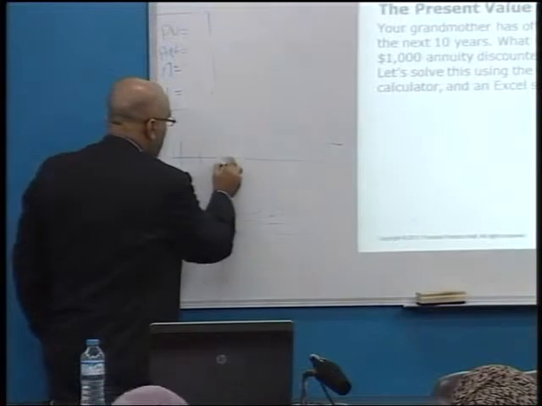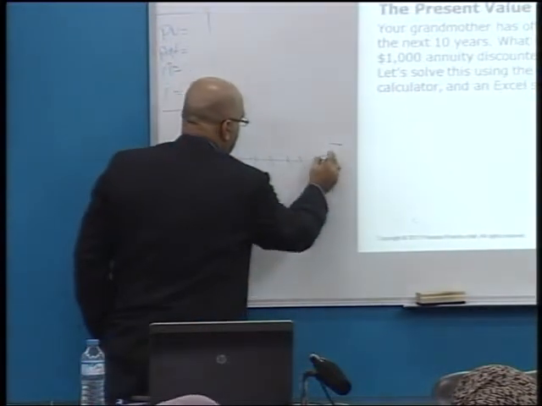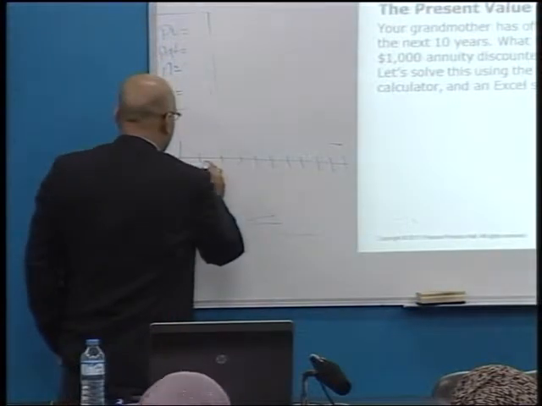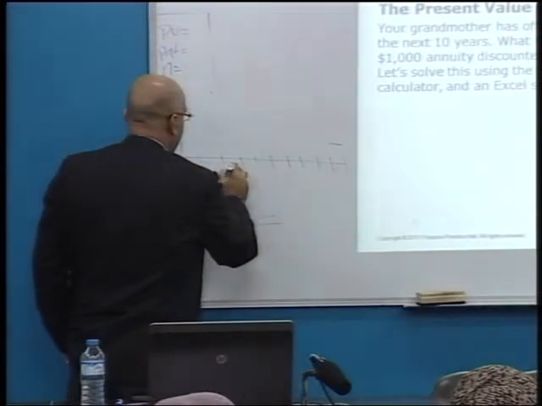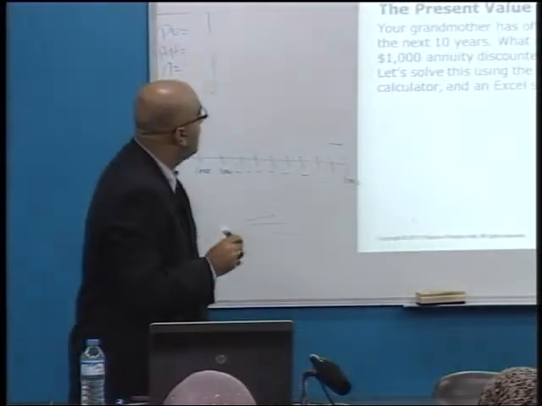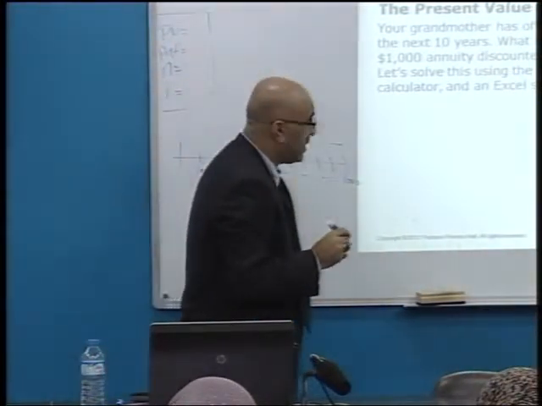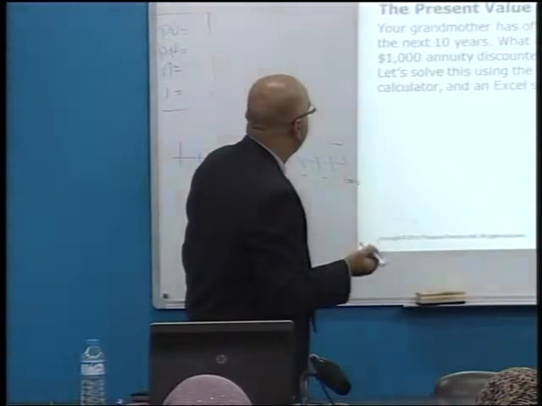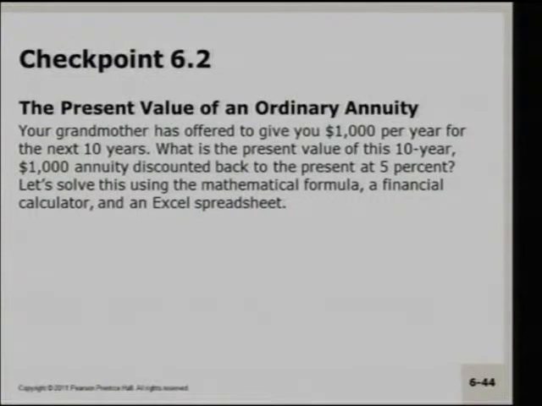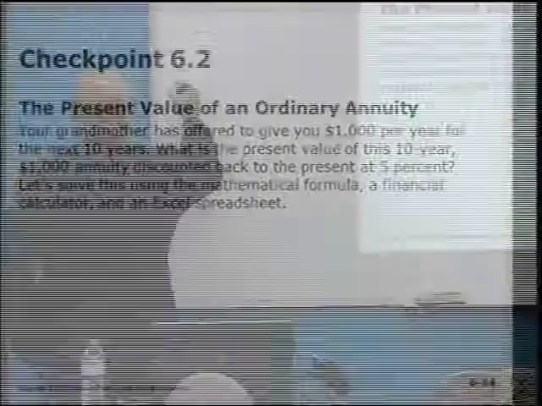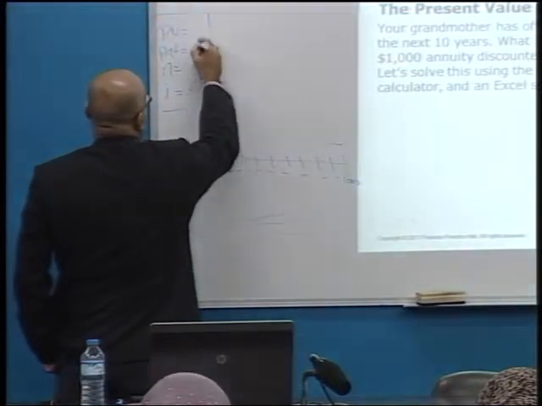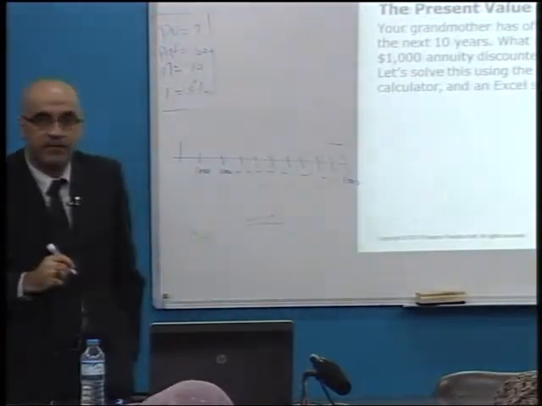So we have 1, 2, 3, 4, 5, 6, 7, 8, 9, and 10. So we have $1,000 for each year till 10 years. And what is the present value of this 10-year $1,000 annuity discounted back to the present at 5%? So I here is 5%, N is 10, payment is 1,000. So we want to calculate the present value.